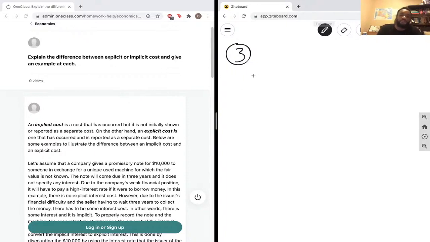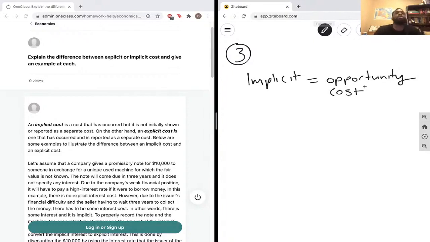So first off, we'll just say implicit cost is the same thing as opportunity cost, or you can call it economic cost.